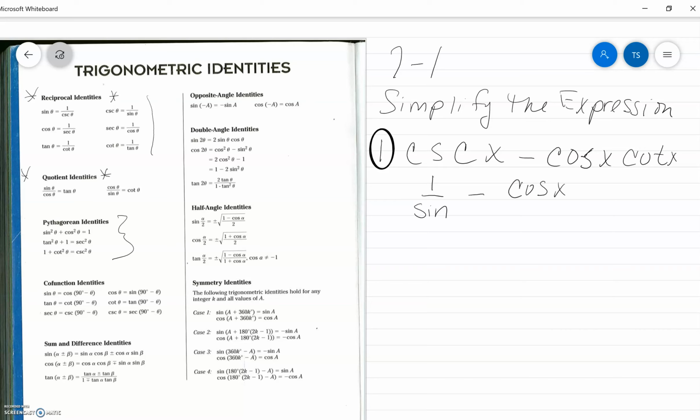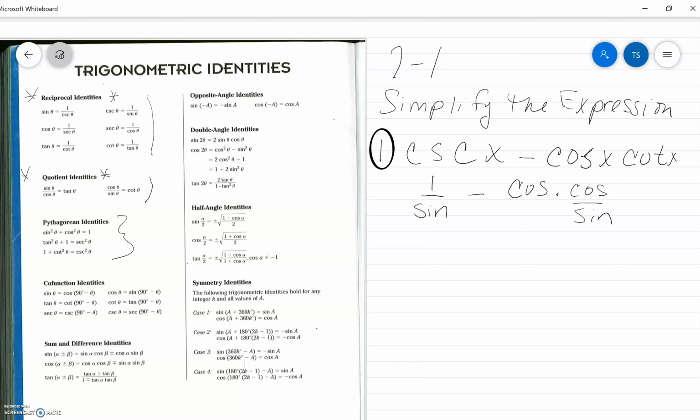Cosine's already in cosine, so I'm going to leave cosine alone, and I'm still going to get rid of that x because I'm getting lazy as I work through the problem. Now cotangent is a quotient identity, so I'm going to rewrite cotangent in terms of cosine and sine. So that's going to be cosine times cosine over sine.